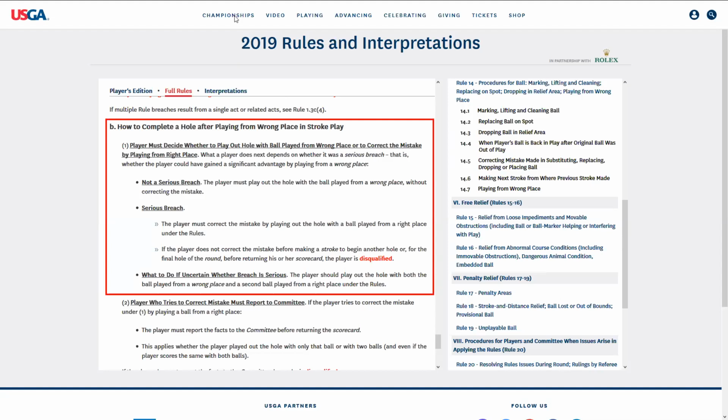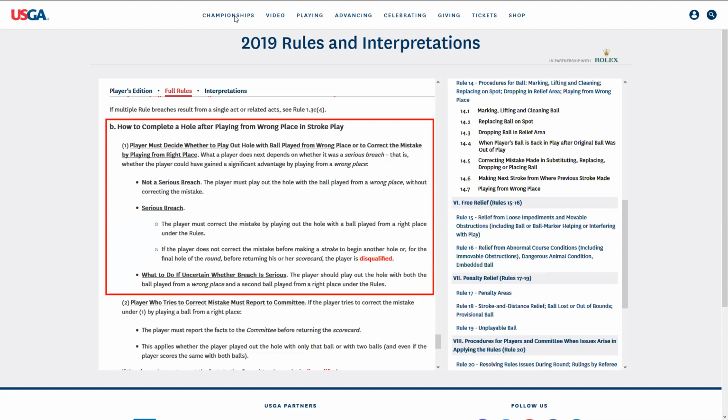Any penalty on that? Yes. Notice that you've played from the wrong place twice. So you get a 2-stroke penalty for the first time you played from the wrong place, and then you get another 2-stroke penalty. Why? Because you picked your ball up that was in play, and you walked back, say, 10 feet, and you dropped it someplace else. That's 2 more penalty strokes. And remember, there's no serious breach here.